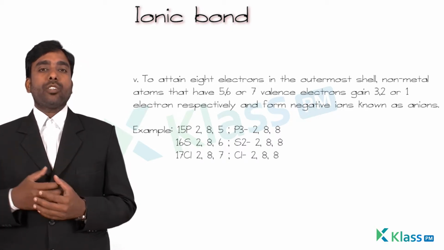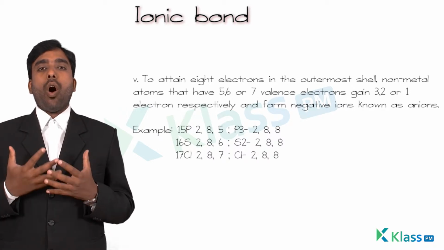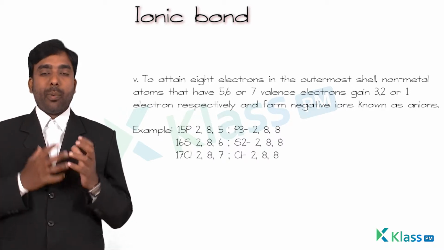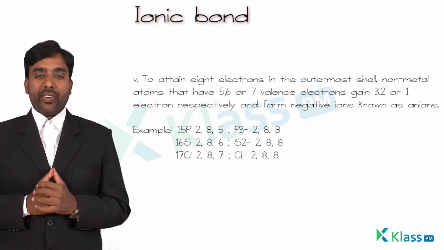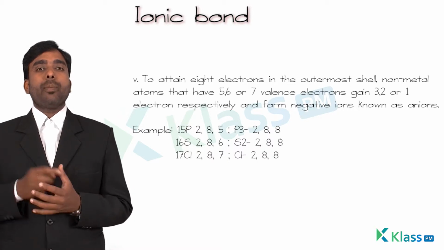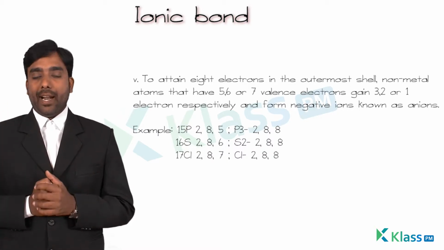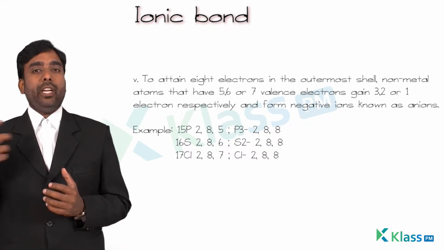So phosphorus gains 3 electrons to get a stable octet configuration, forming the P3- anion with electronic configuration 2, 8, 8.